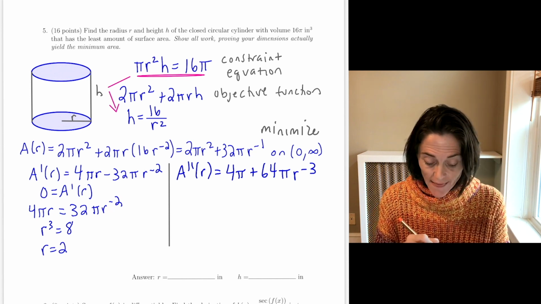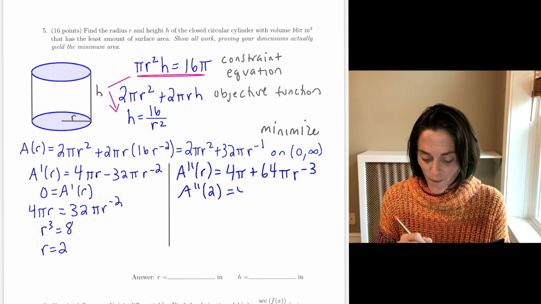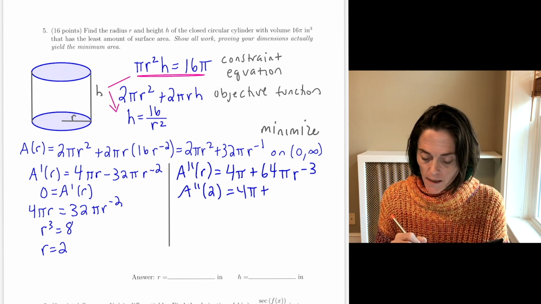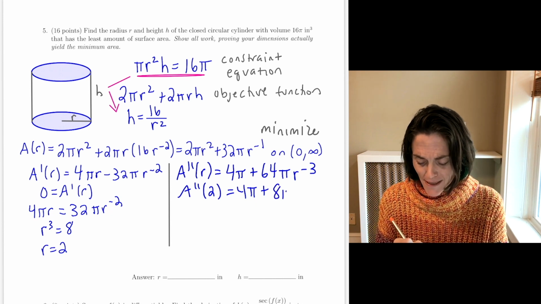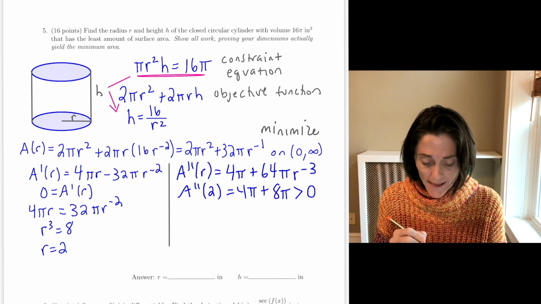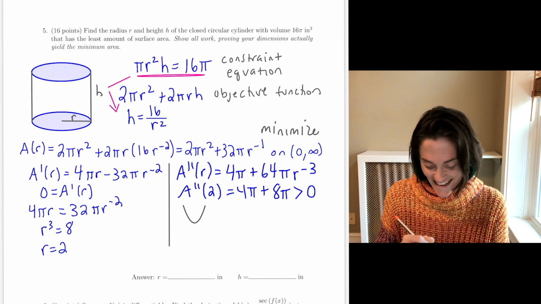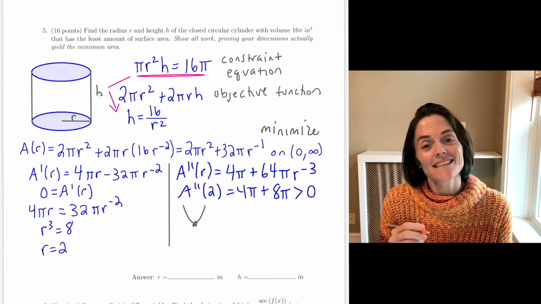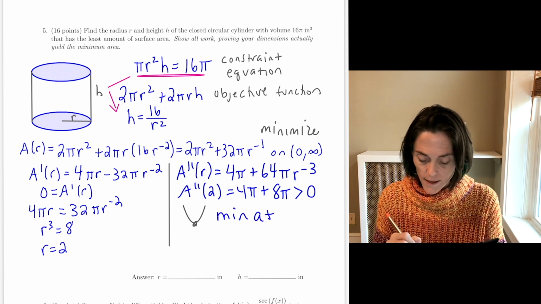We evaluate the second derivative at 2: 4 pi plus 64 over 8, which is 8. So 4 pi plus 8 pi, which is certainly positive. And this says concave up. And then we look at this. This says we have a min at r equals 2.